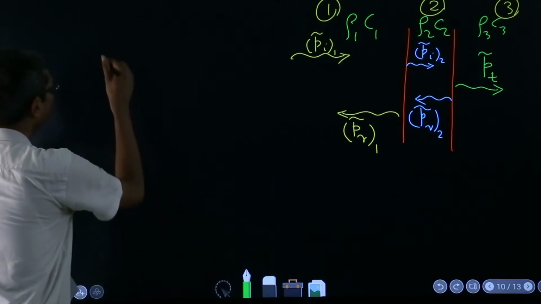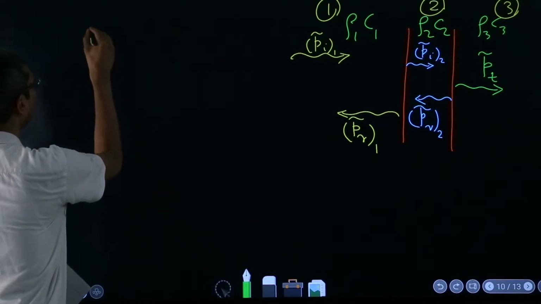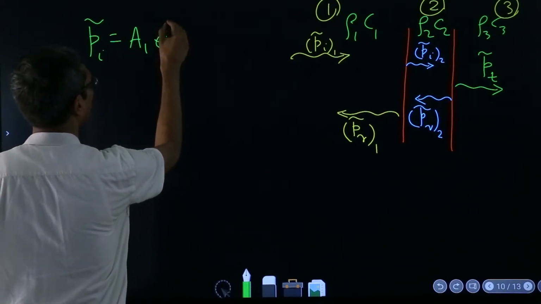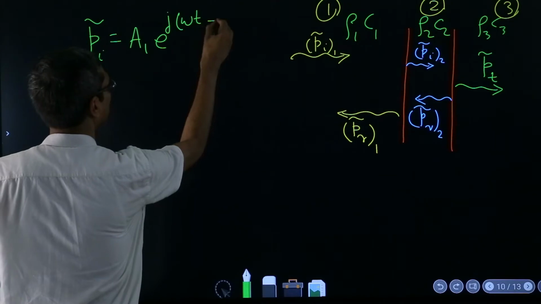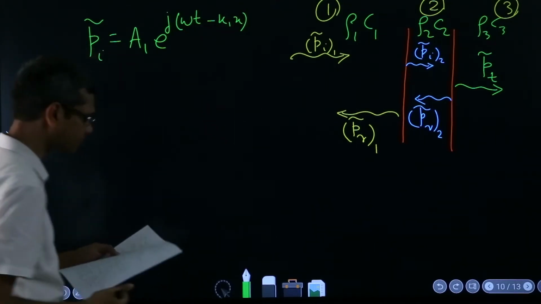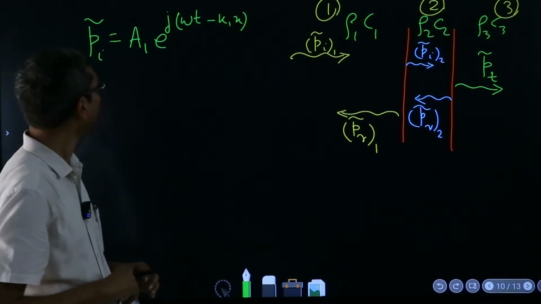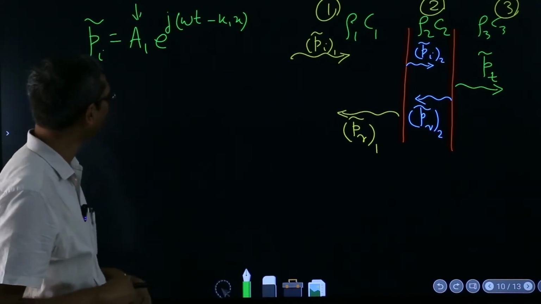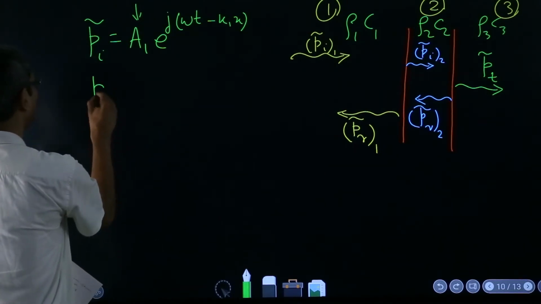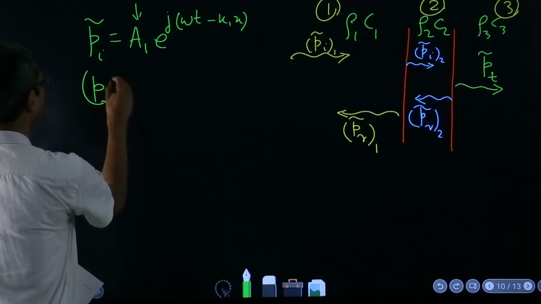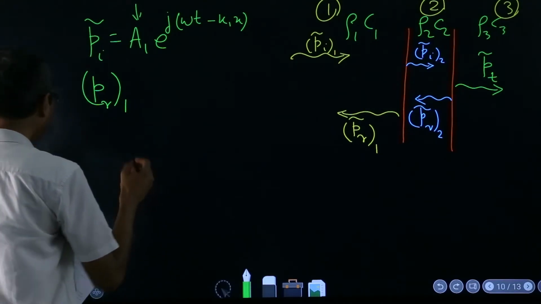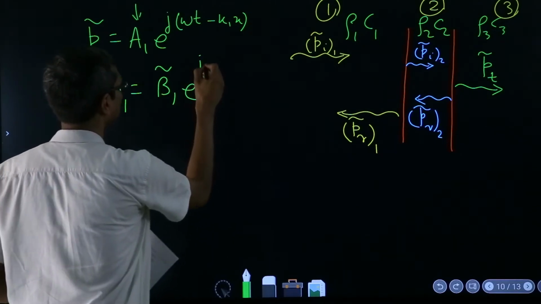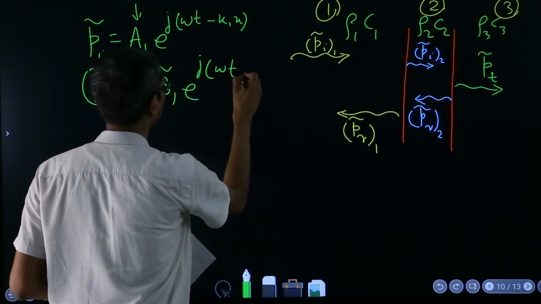So that's why your Pi will be like A1 e raised to j(omega t minus k1x), and this is the real part. Then the reflected P will be B1 e raised to j. You can write all the other things on your own.